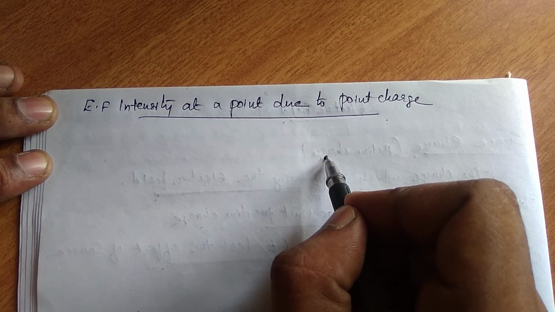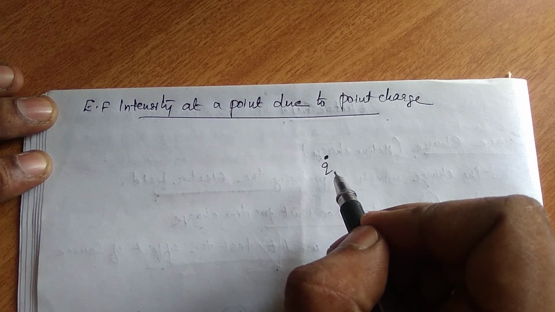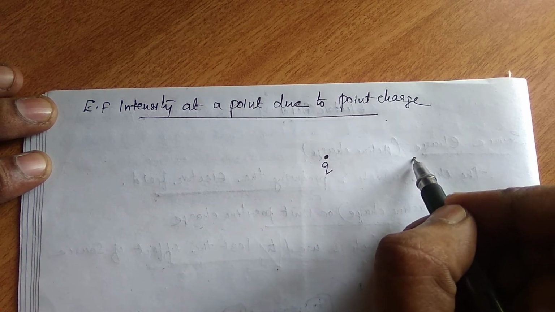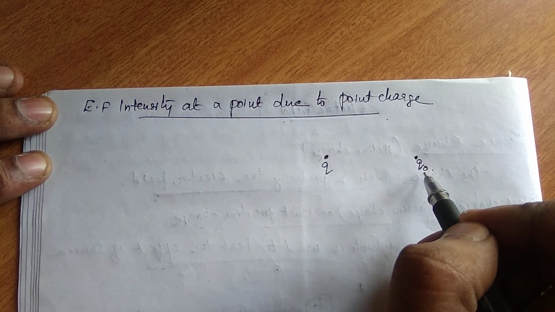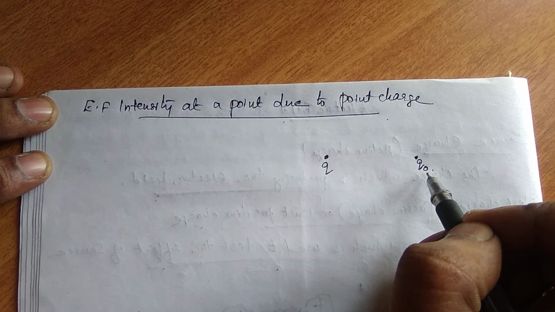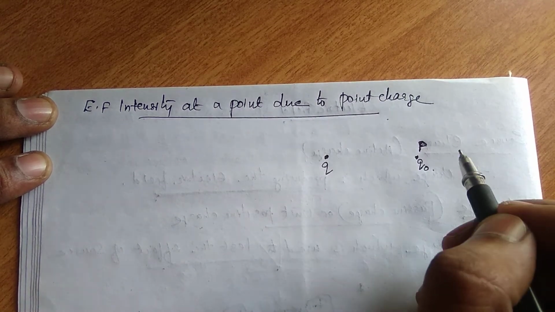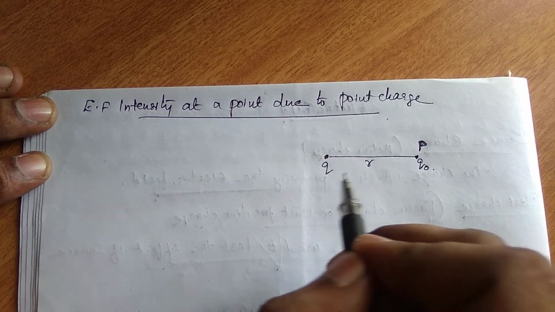Consider a point charge Q placed in air or vacuum. Let Q0 be the test charge placed at a point, say P, at a distance R from Q.